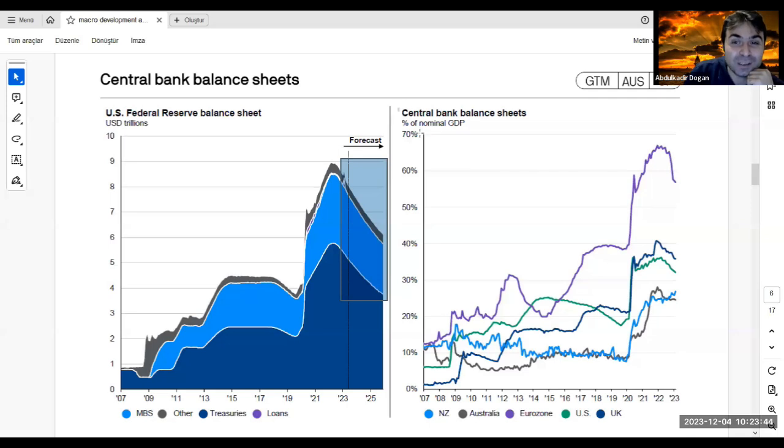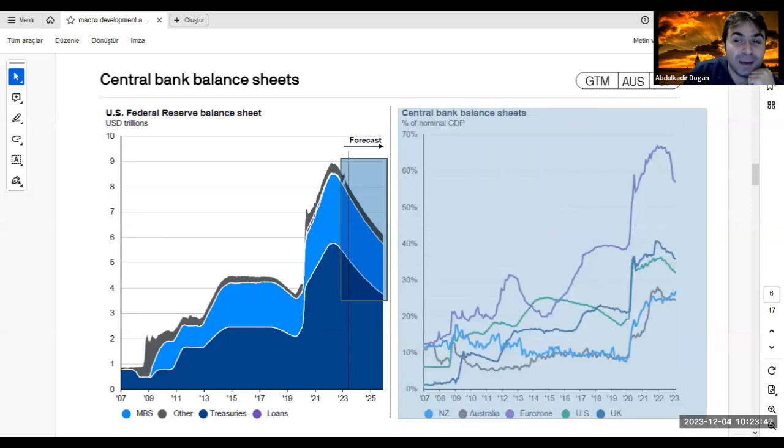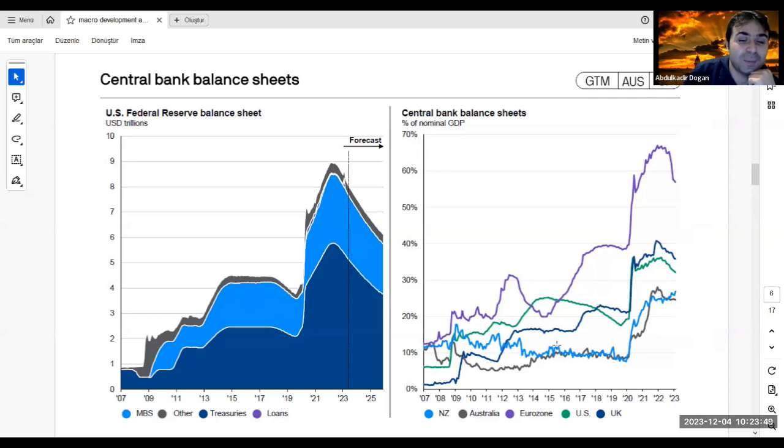And as you see here, we are comparing other central banks' balance sheets as well. The light blue one is New Zealand, the black is Australia, purple is Eurozone, green is the United States, and the dark blue is the United Kingdom.